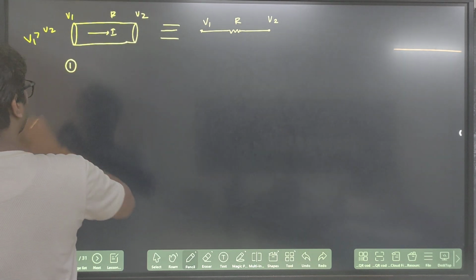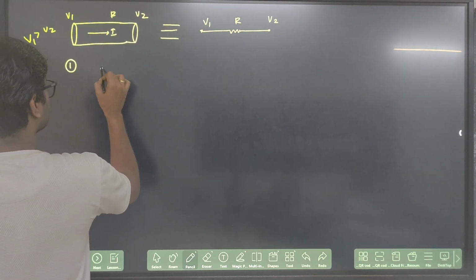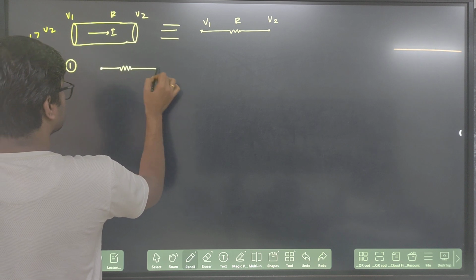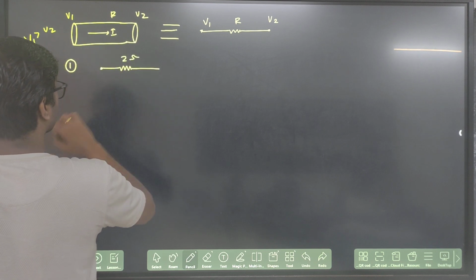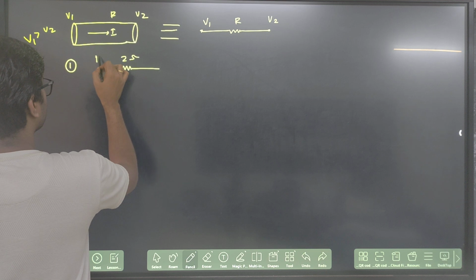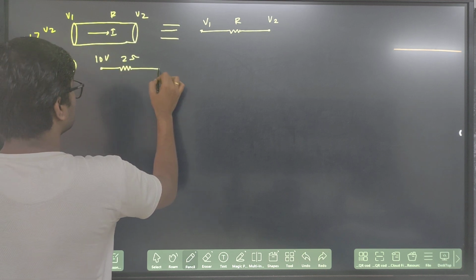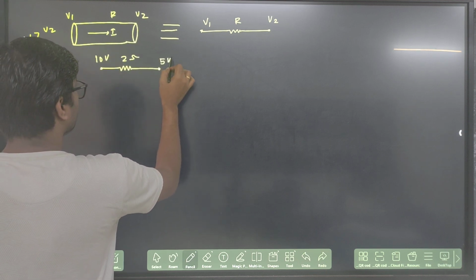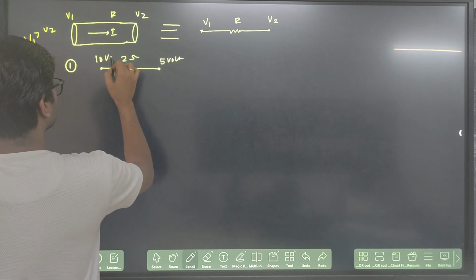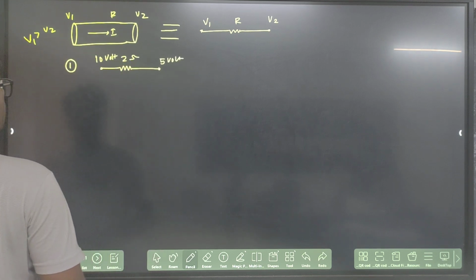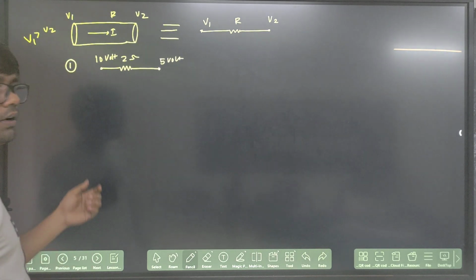Question number 1. This is a conductor having resistance, let's say 2 ohm. This side is 10 volt and this side is 5 volt. Now they are asking to find the current.